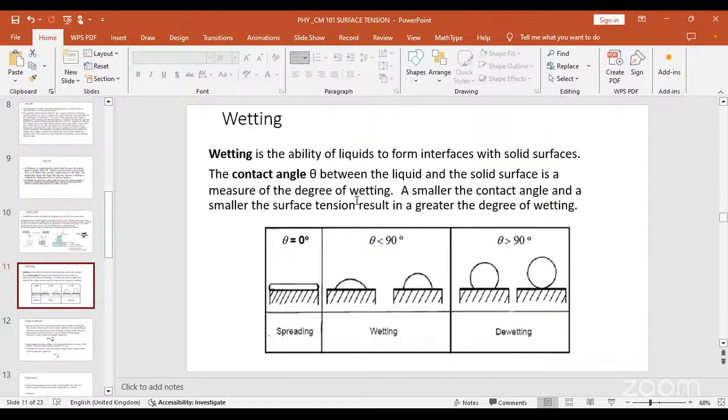The smaller the contact angle and the smaller the surface tension, the greater the degree of wetting.